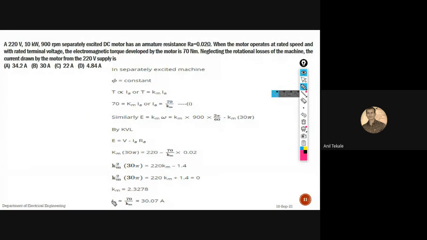So we got the equation Km 35 equals 220 minus 70 by Km into 0.02.